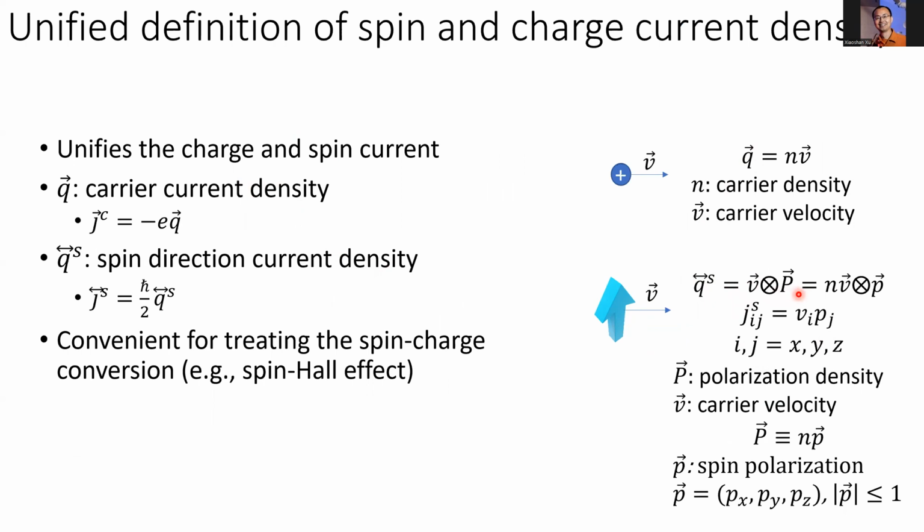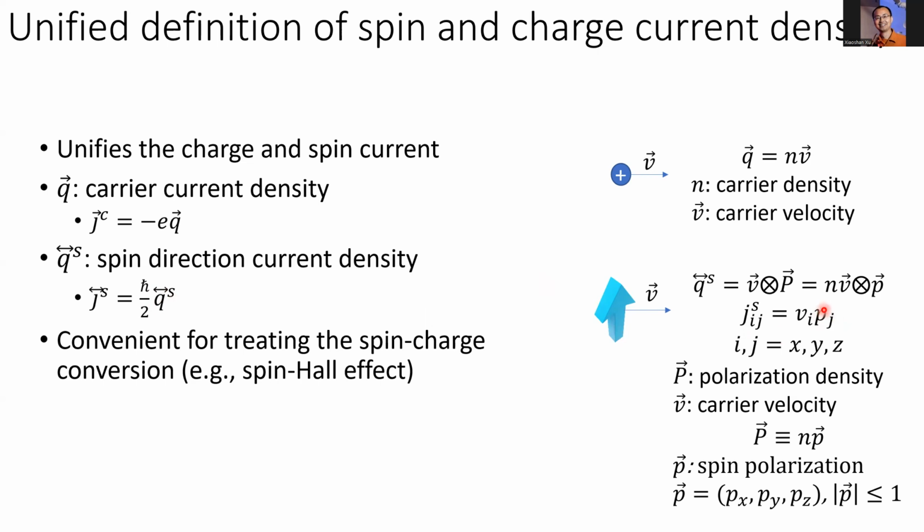So if we remove that part, we end up with something like a flow of particles. So Diakonov introduced Q. Basically, the relation between Q and charge current is this factor e. So you basically just don't think about the charge, and you get this number current density. And similarly, you can do this with spin current. You also get something with the same dimension, a number current density, but it's a vector.